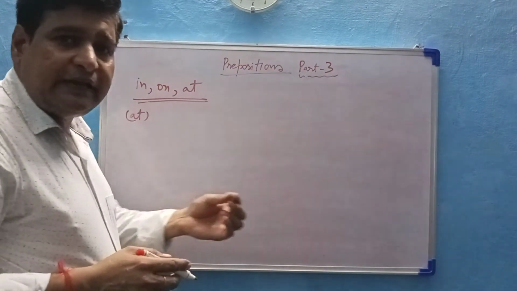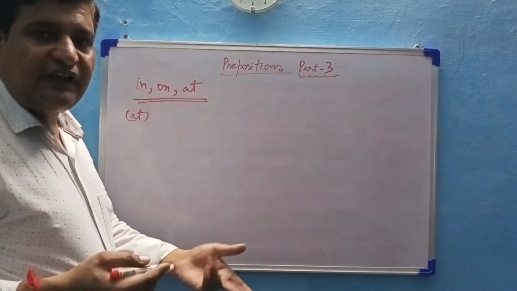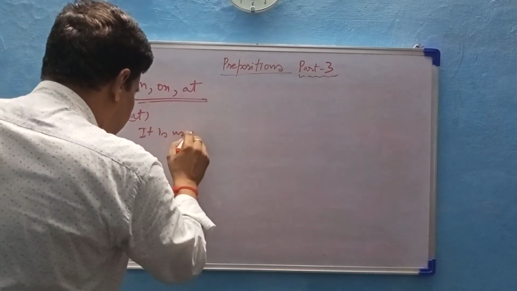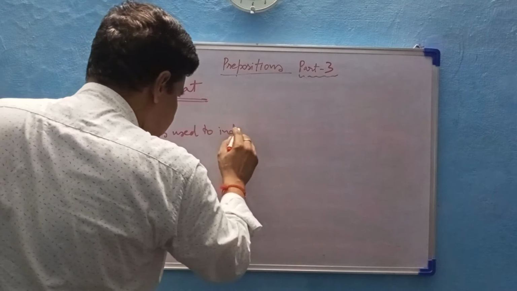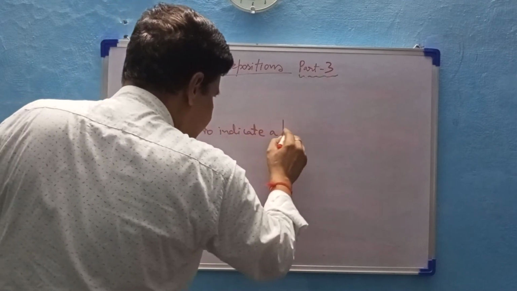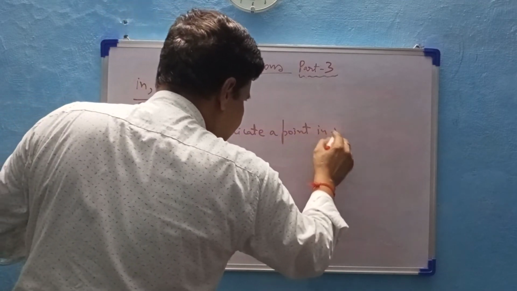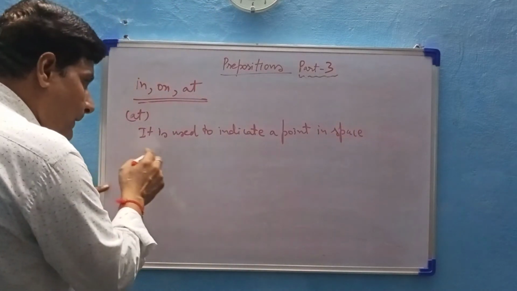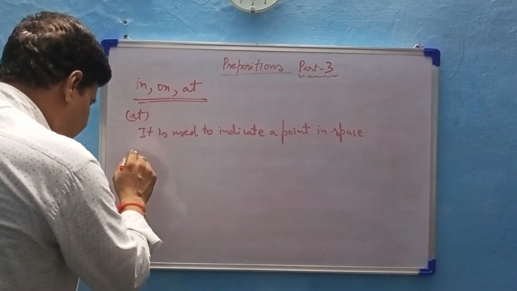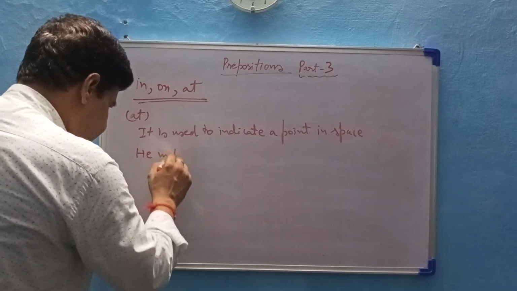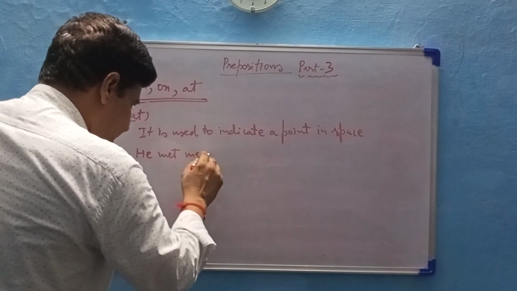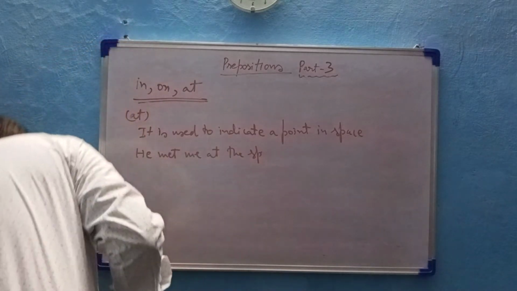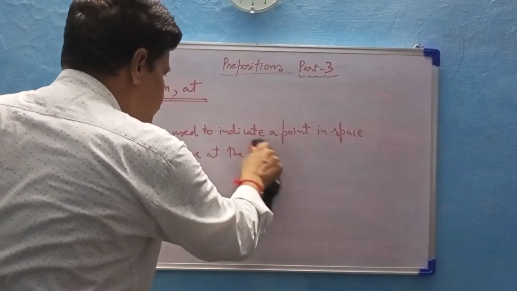At is used to indicate a point in a space. Example, he met me at the shop.